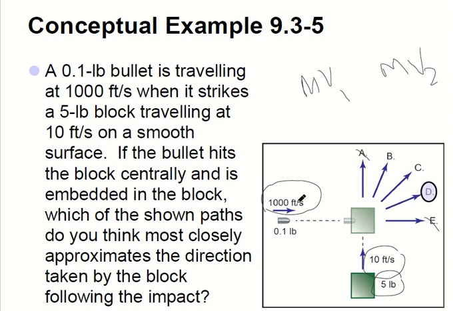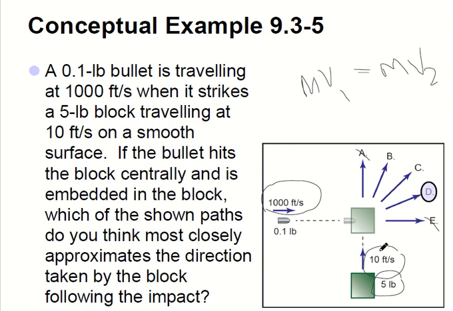So initial, final, and then you equate it, and you're going to be able to get this velocity, which is going to be the final velocity component. Of course your bullet velocity is going to be higher than this object's velocity, the object that got hit.